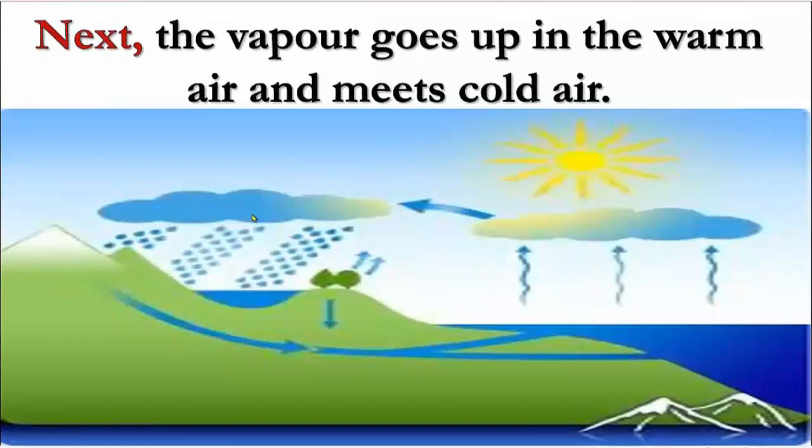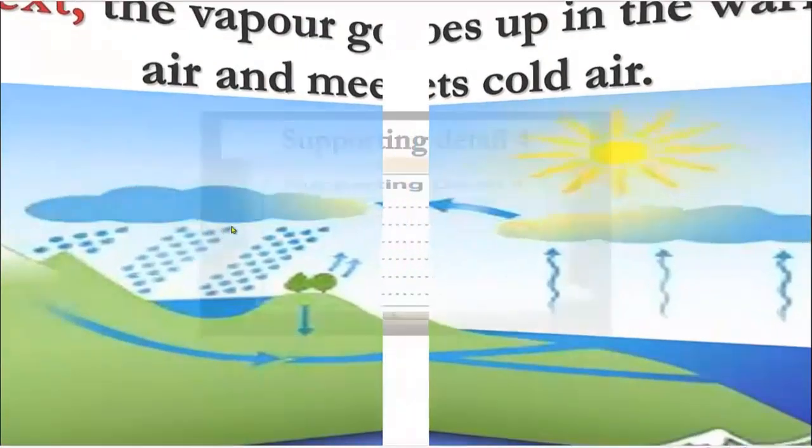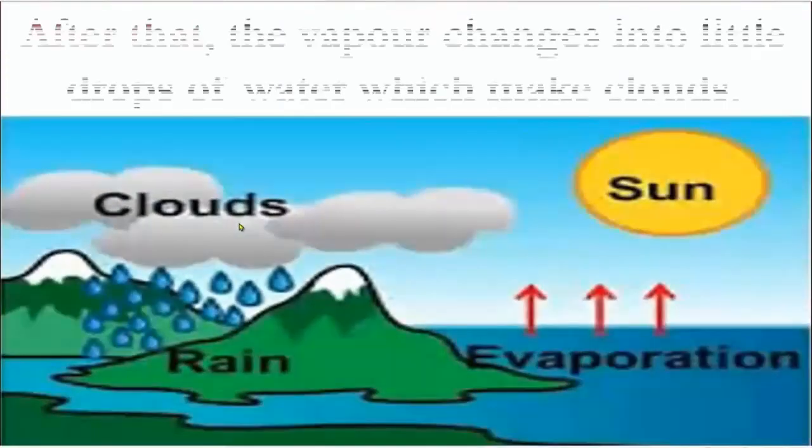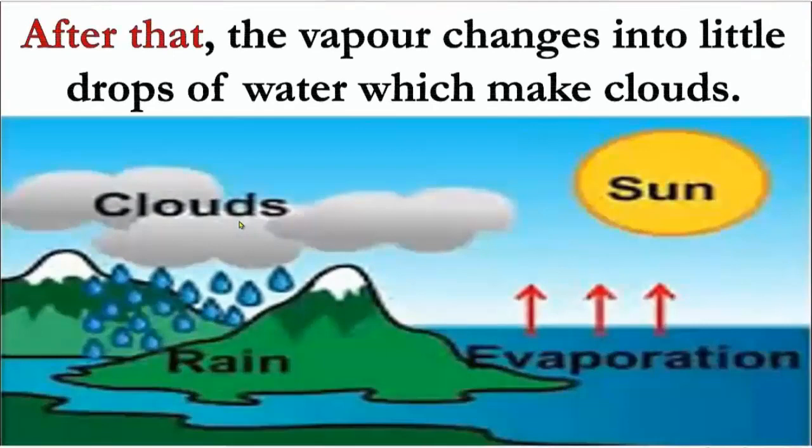Next, the vapor goes up in the warm air and meets cold air. Supporting detail 4. Who can complete? Okay. After that, the vapor changes into little drops of water which make clouds.